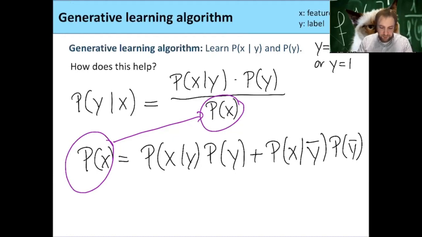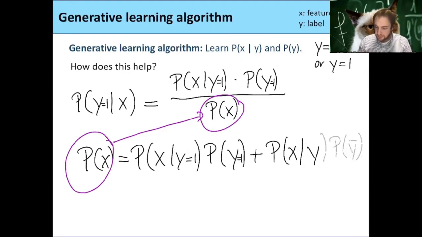So maybe what I should have written here is, for example, we want to learn this here, p(y=1), and here instead of not y, this will be y equals 0 and p(y=0).